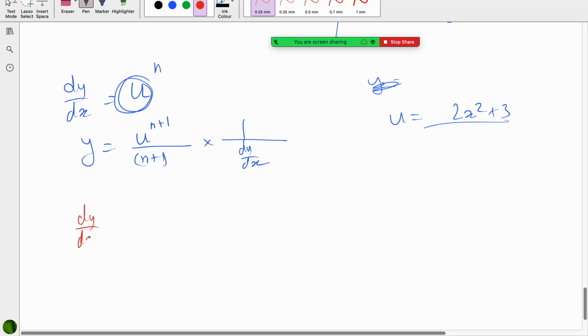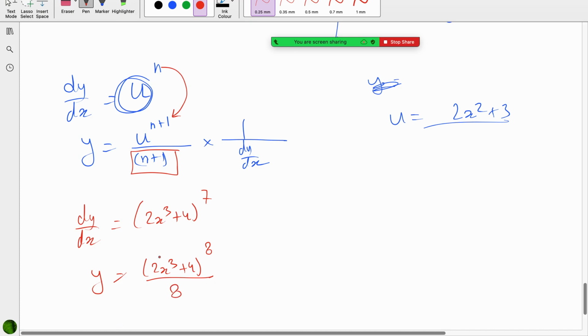For example, dy by dx is equal to 2x cube plus 4 raised to power 7. Y would be, what did we do first? Power plus 1. So this is 2x cube plus 4 power 8. Second step is divide by the new power. Third step is whatever is inside the bracket, find the differentiation of that.